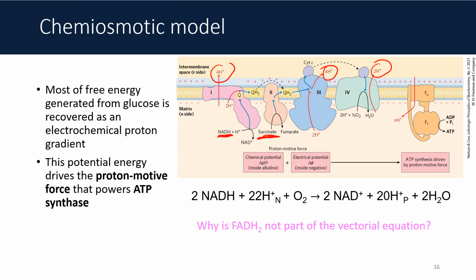And while we do that, we pump a final instance of 2 protons into the intermembrane space. Now, this is a little confusing because I know in the last slide I said 4, and that's because that's how many protons you get for doing it twice for 2 oxygen atoms or 1 O2 molecule.